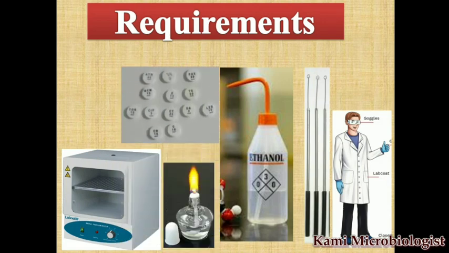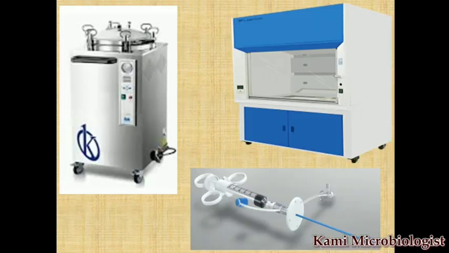We have antibiotic discs, which are used for bacterial sensitivity, to find out the sensitivity or profiling of the bacteria. We have an autoclave, which is used to sterilize all the glassware.